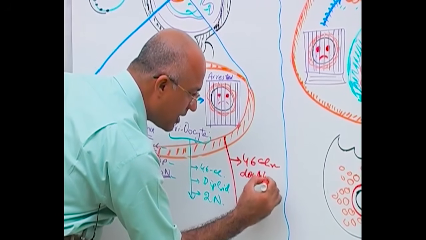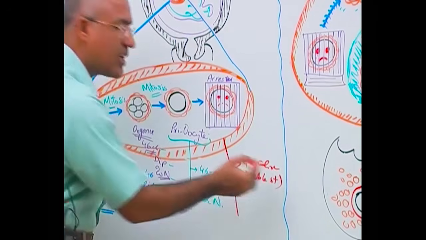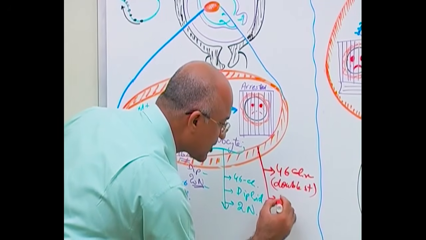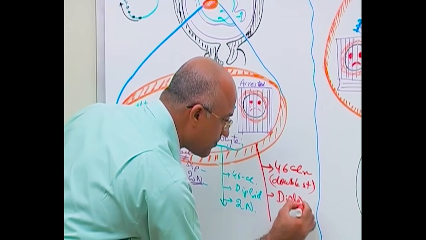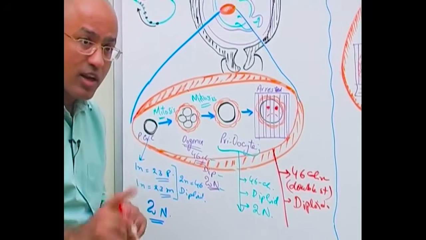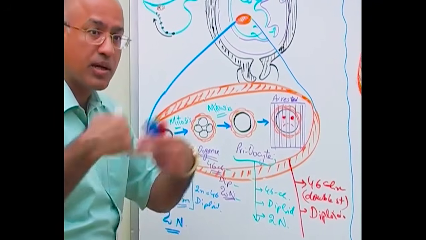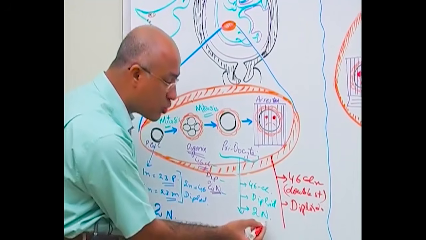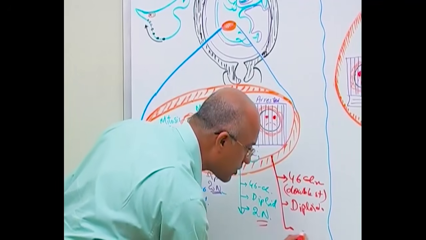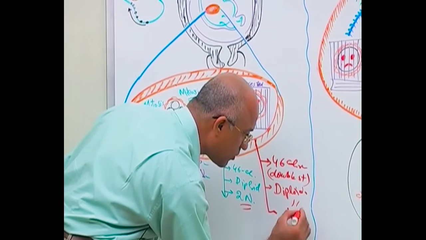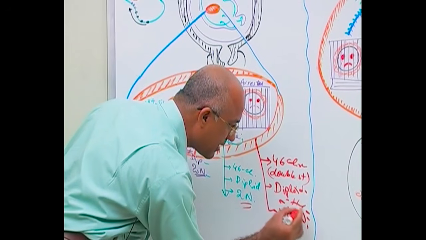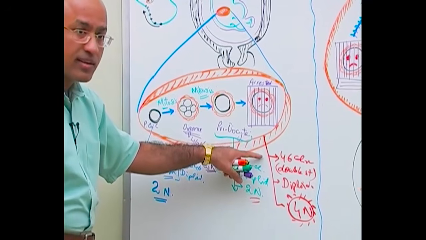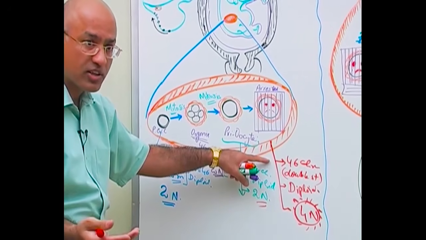Because they are still counted as 46 chromosomes, this cell is still considered diploid. But because the amount of DNA after replication has become double, this cell in early prophase no longer has 2n amount of DNA. Now the amount of DNA is 4n. That is very important to understand: the amount of DNA is now 4n in the primary oocyte entering the first meiotic division.